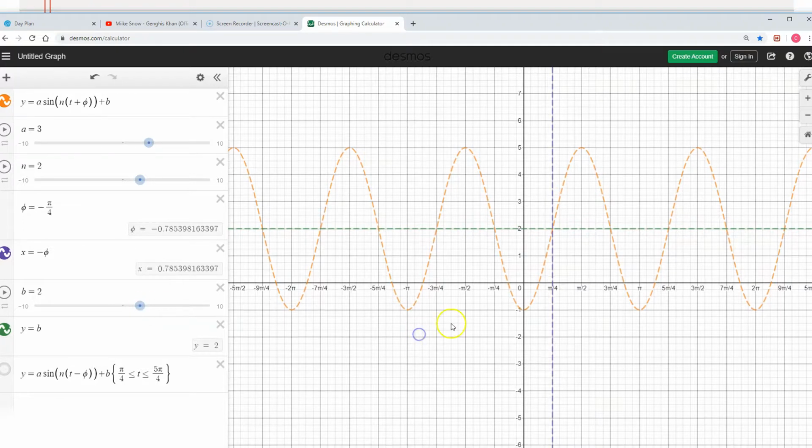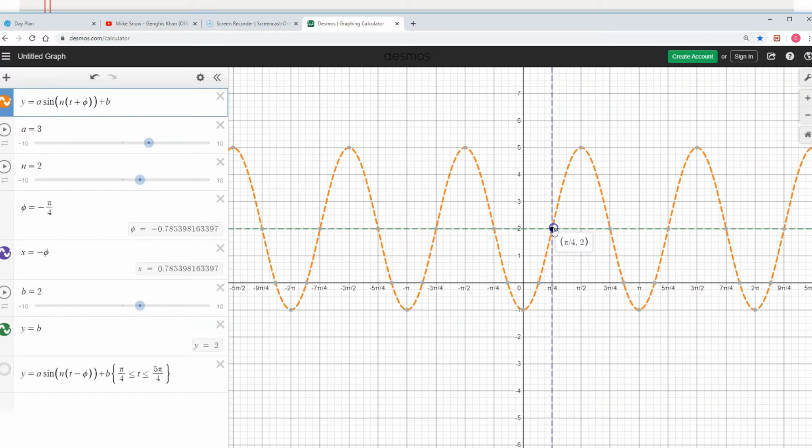So notice the key features here. The graph, where it would usually start at 0, 0, has now been translated to pi on 4, which is the value of our epsilon, and it's at y equals 2, the value of b. One cycle is equal to pi in this case because we've dilated by a factor of 2, so it's going to finish the one cycle at 5 pi over 4, so pi plus pi over 4.